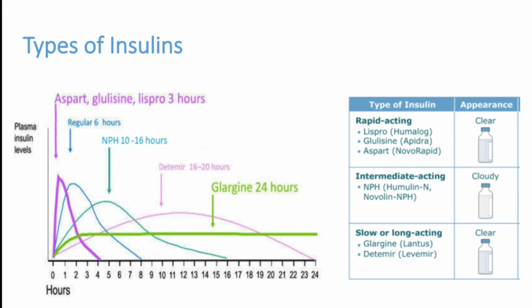Long-acting insulin, again, may be clear. You should understand that clinical difference, because when we get an insulin bottle, we should know what type of insulin it is. If it is a clear solution, mostly if it is a human insulin, it is regular insulin. A cloudy solution will be an intermediate-acting insulin.